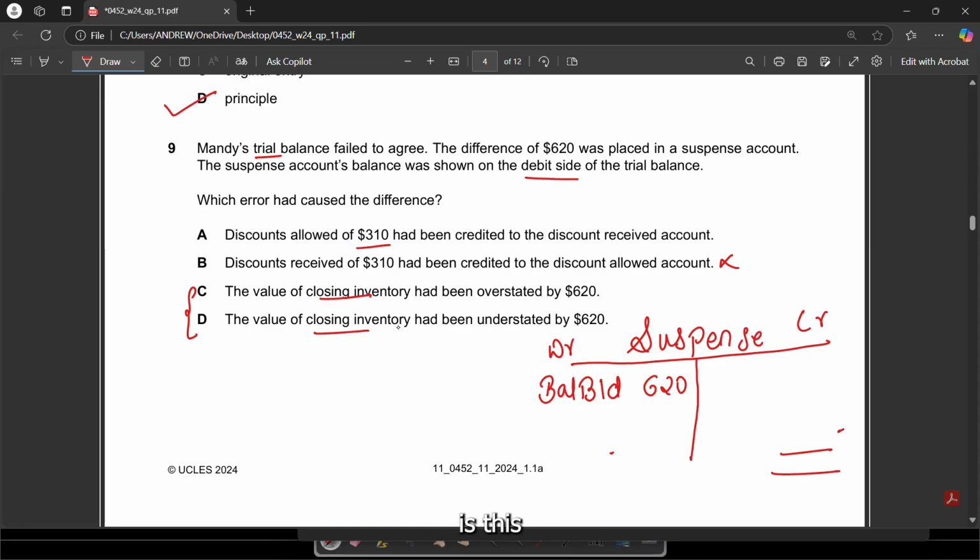So this never affects your trial balance. So C and D are absolutely eliminated. That's the reason closing inventories has two effects, because they are prepared after the trial balance is prepared. So the right answer is obviously option number A. All right, so A is the right option.